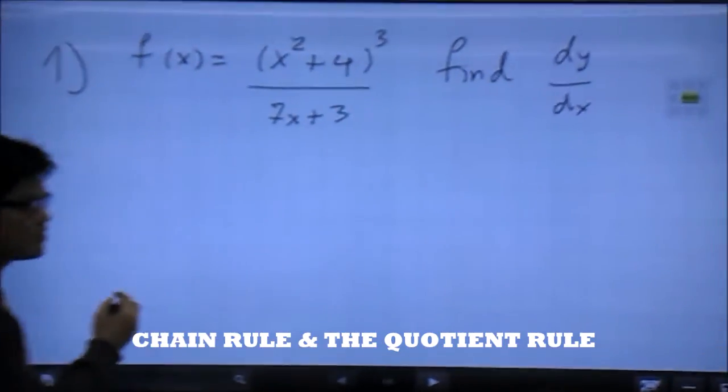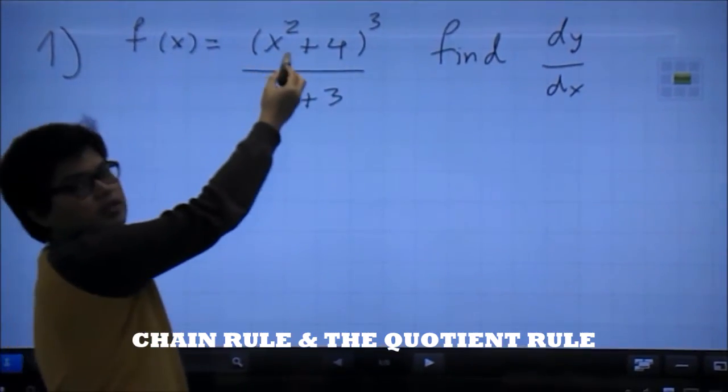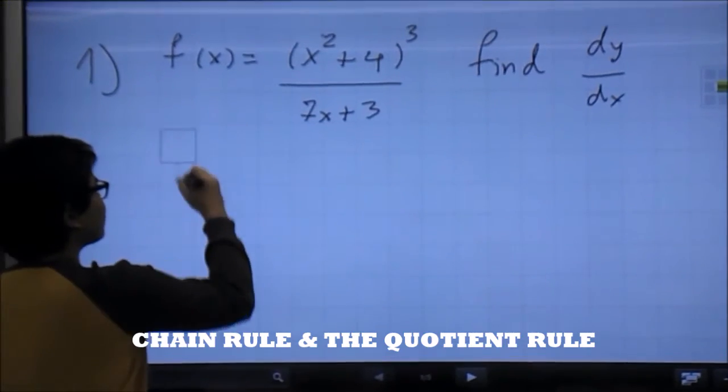So to derive this function, there will be a chain rule and quotient rule involved, because when we try to derive the numerator, we have to use the chain rule.